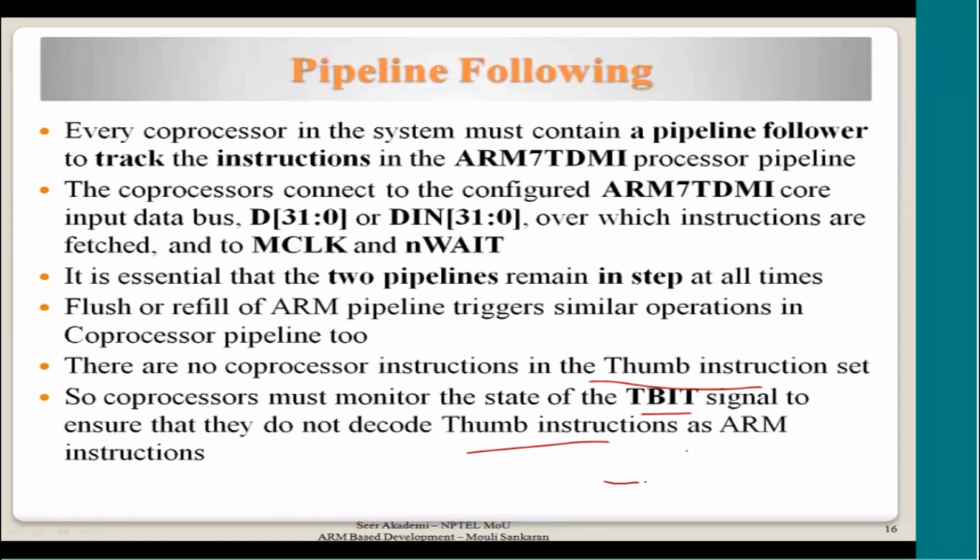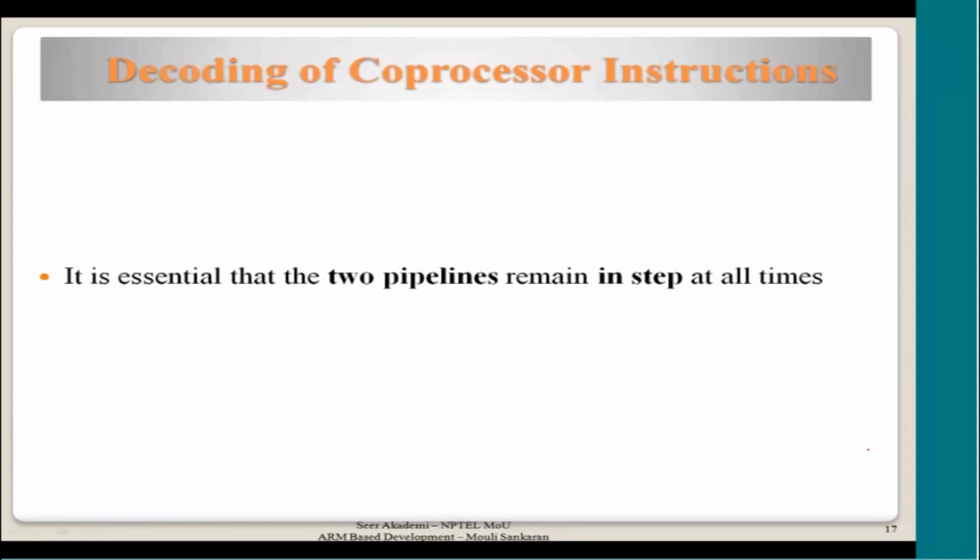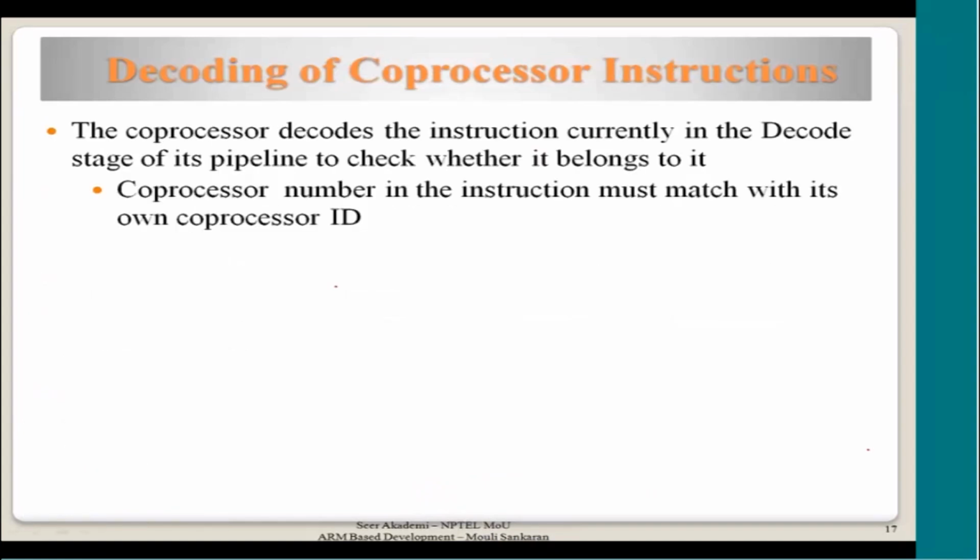It doesn't have to carry the thumb instruction inside the pipeline at all, because it's not going to encounter any coprocessor instruction along with thumb instructions, right? Because thumb instruction means 16-bit instruction. There cannot be one odd man out 32-bit instruction between them. So it's very safe for the coprocessor to just sleep in thumb mode.